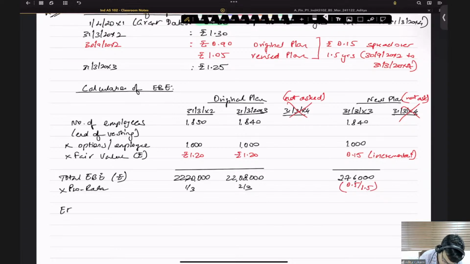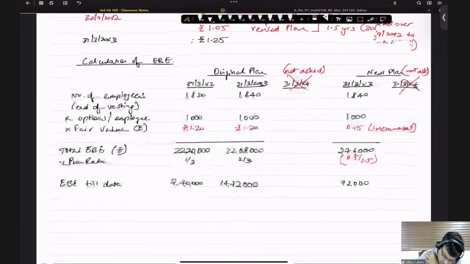So EBE till date is 7,40,000 for the original plan, and for the modification, 2,76,000 divided by 1.5, 92,000.